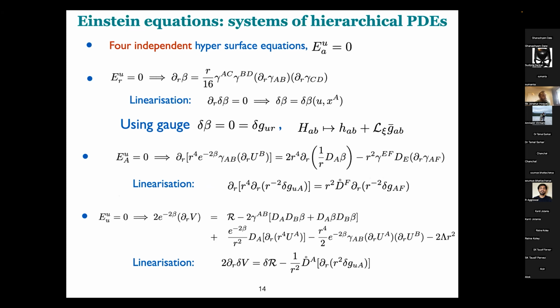I mean, you have to do a gauge transformation; sometimes this can also be thought of as a boundary gauge transformation. But if you look at the solution of delta beta, it always has a quadratic term. So the linearized delta g_UR, or h_UR, is always zero in linearized theory. I think the nonlinear theory comes in at order r squared to the leading order.